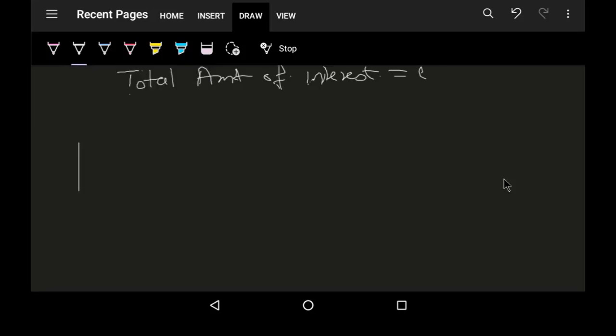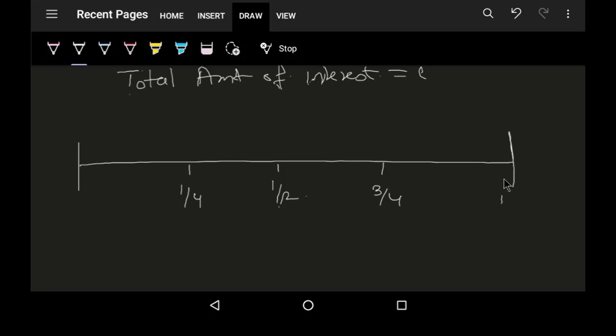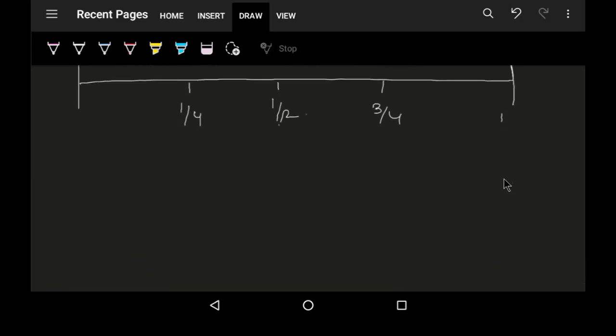Suppose we are given that P equals 4, that is, we are dividing the timeline into 4 parts. Suppose we are given I4, the interest rate applicable in this case, and suppose it is 12%.